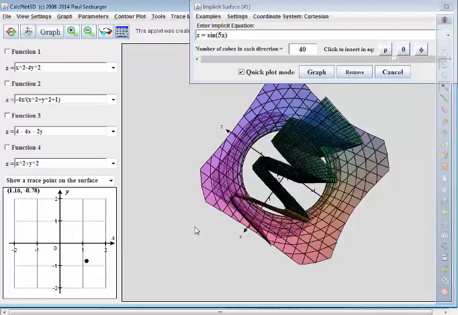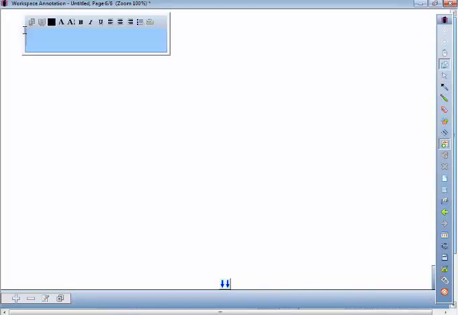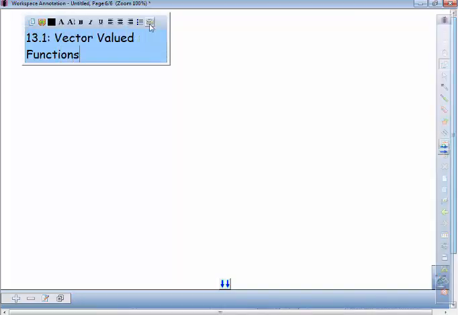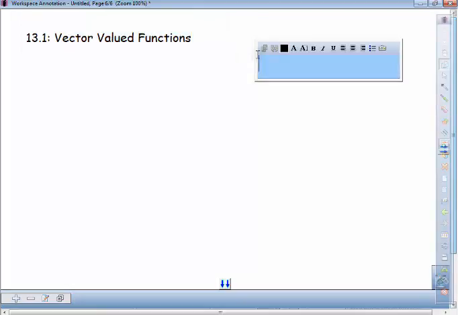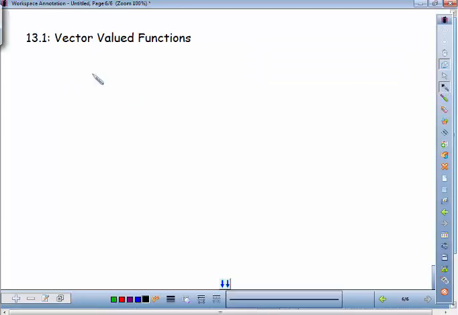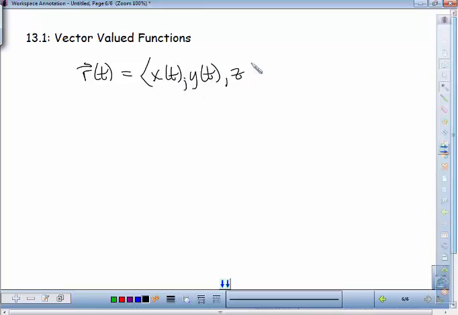All right, let's do 13.1 real quick. So 13.1 is the beginning of vector valued functions. And a vector valued function is simply parametric equations put into a vector.